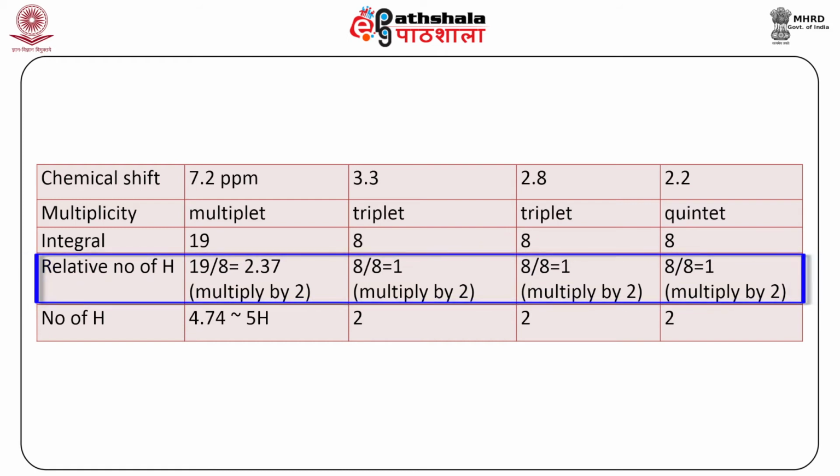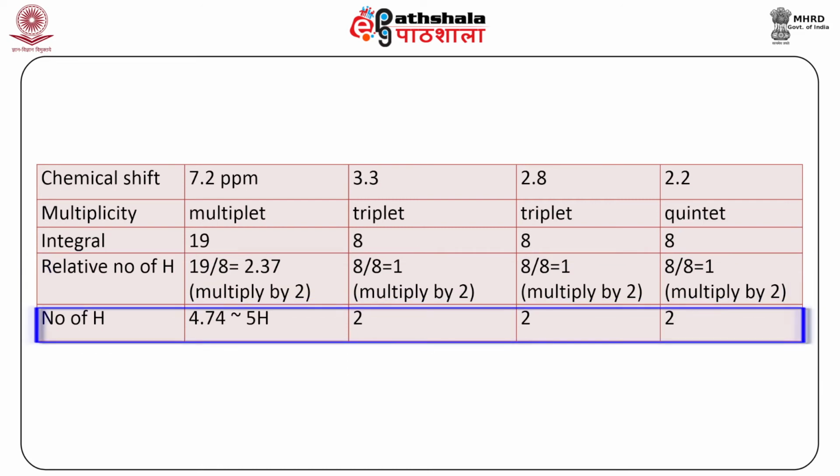Hence, 19 divided by 8 is 2.37, 8 by 8 is 1, 8 by 8 is 1, and 8 by 8 is 1. To bring 2.37 to a figure of actual number of hydrogen atoms, we multiply by 2, and what we get is 5 protons, 2, 2 and 2.